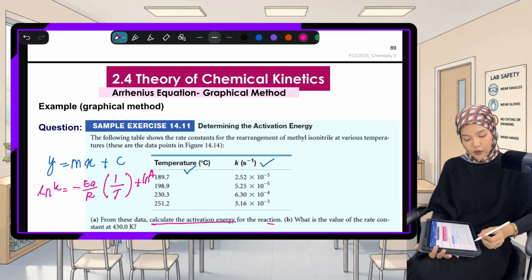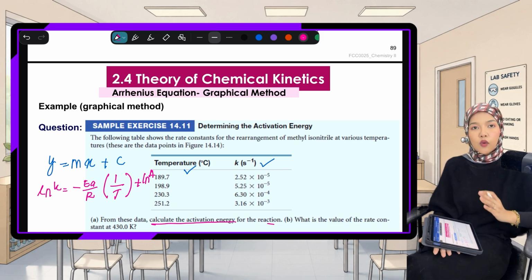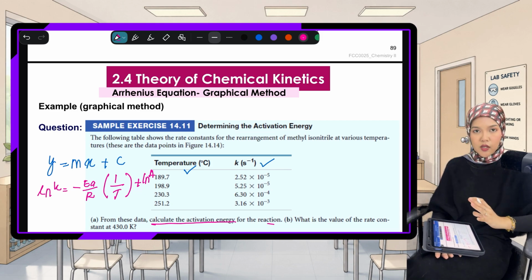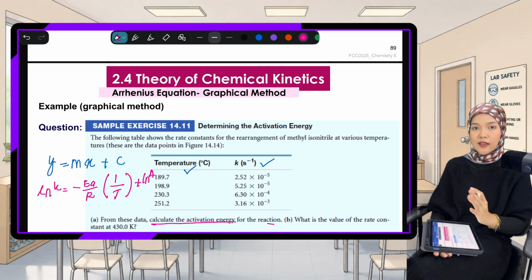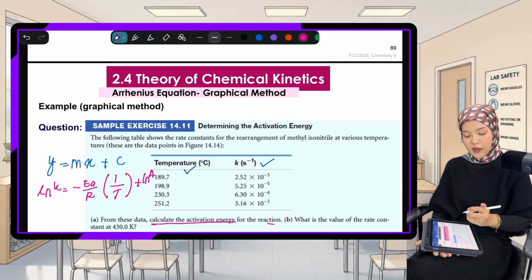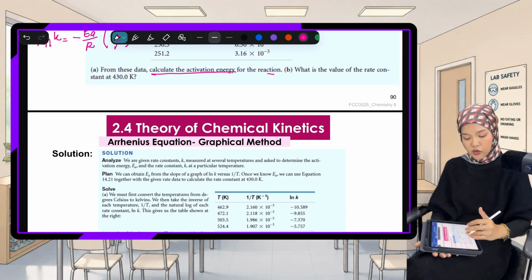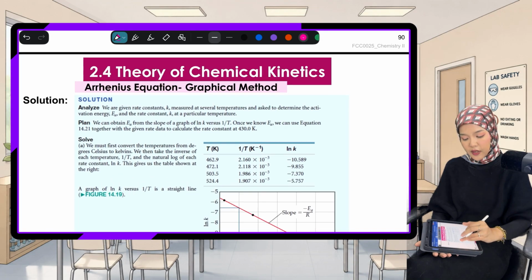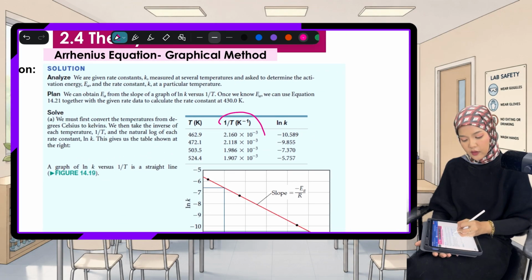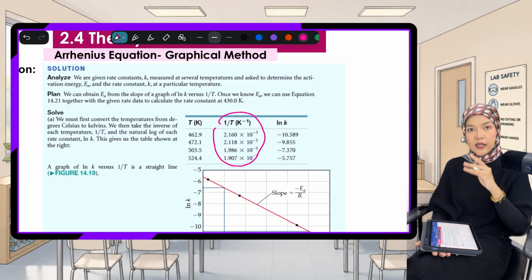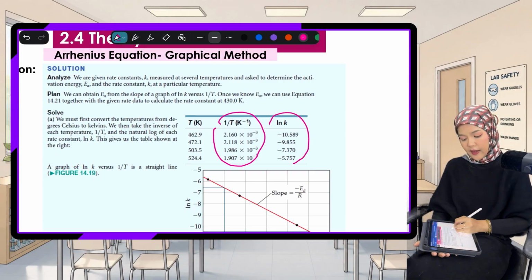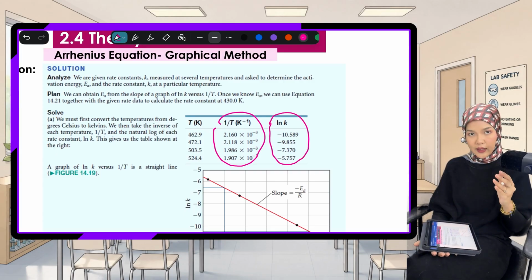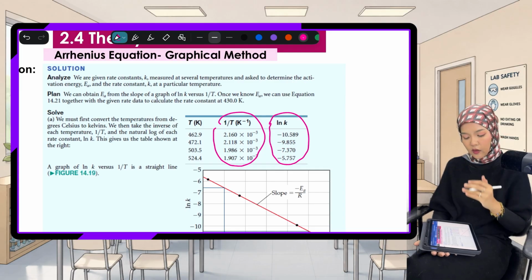What is the value of the rate constant? For this question, we want you to find it using the graphical method. So you must first calculate the x value, which is 1 over T in Kelvin, and then calculate ln k. k is given, so you just calculate ln k.